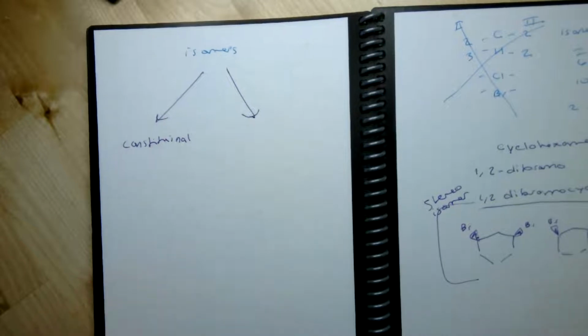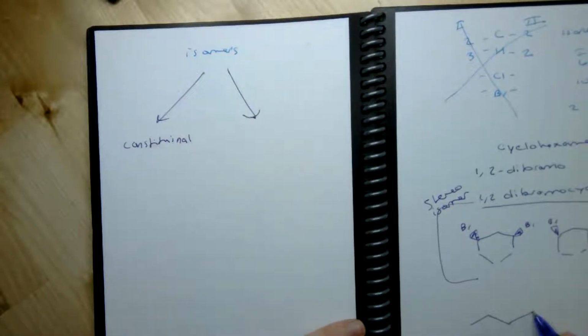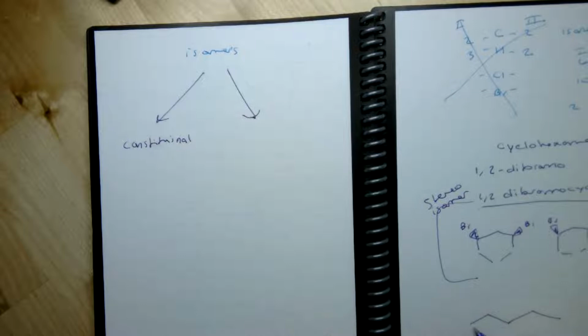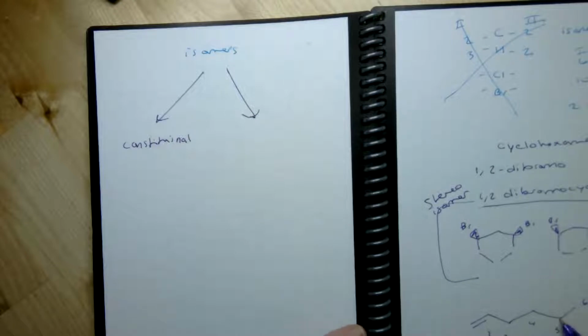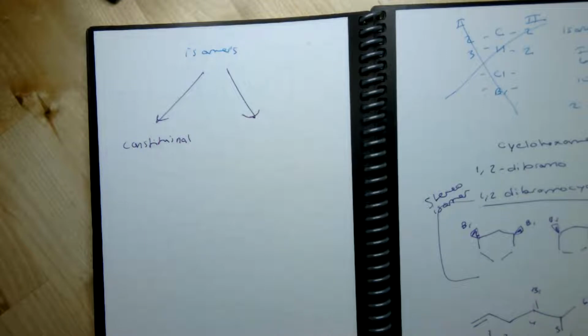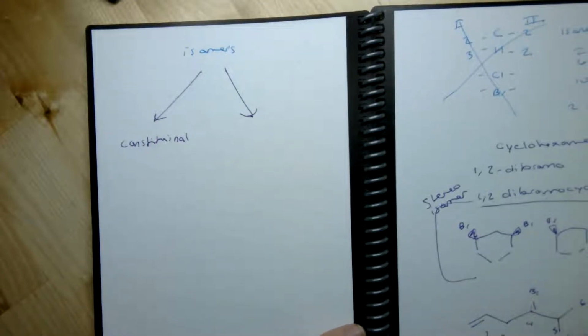Constitutional isomer would be if you had, for example, let's see, 1, 2, 3, 4, 5, 6 with 2 bromines. I think this would be a constitutional isomer. So there's 6 carbons here. There'd be 1, 2, 3, 4, 5, 6, 7, 8, 9, 10 hydrogens and 2 bromines.